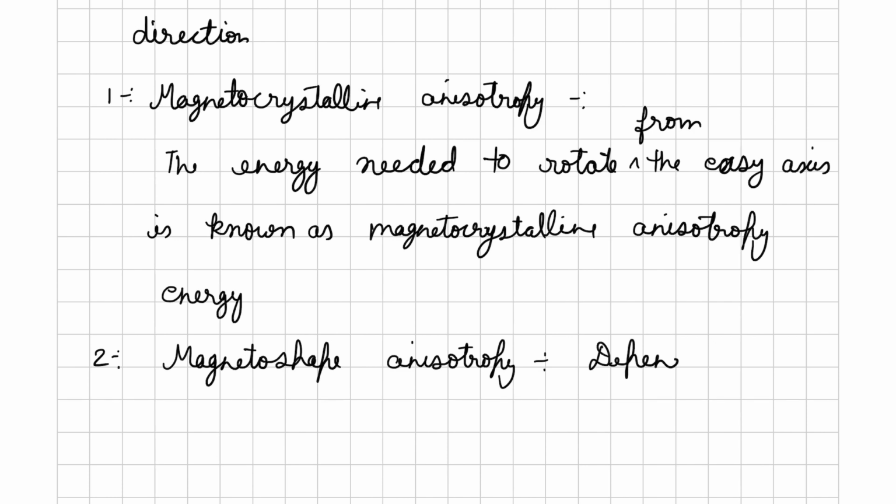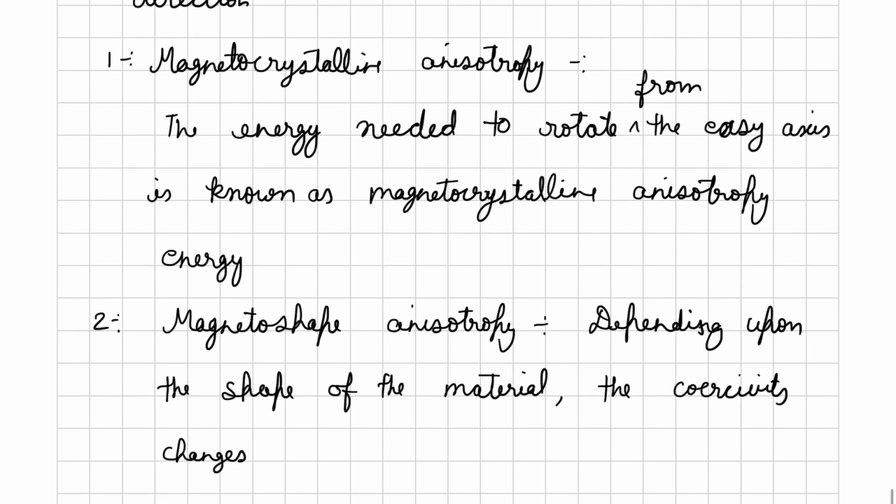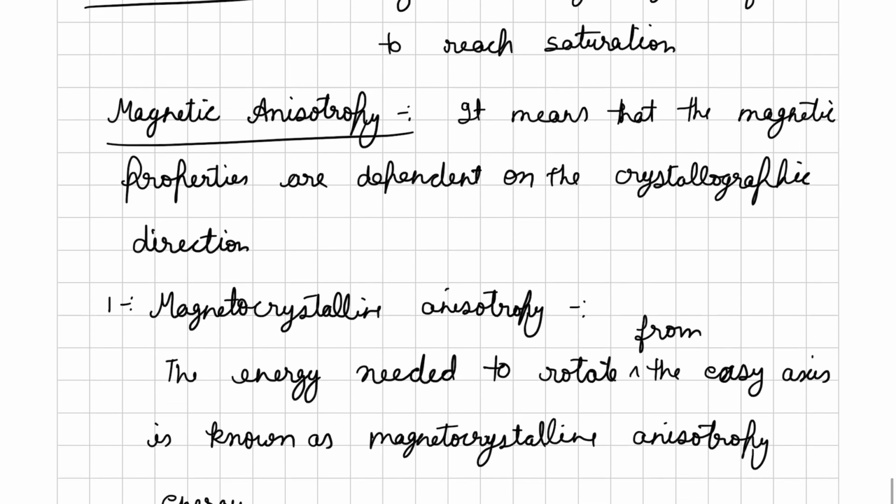So depending upon the shape of the material, the coercivity changes. And you know why we are focusing on coercivity, right? Because this decides whether we want a soft magnetic material or a hard magnetic material. I mean, depending upon the application, of course.